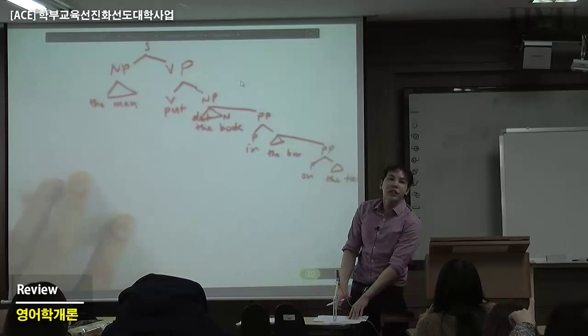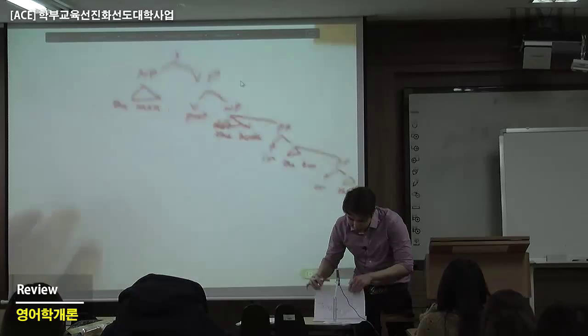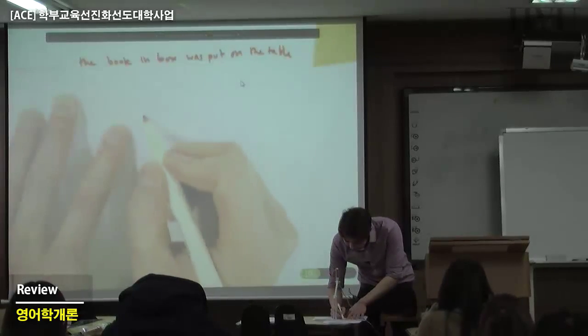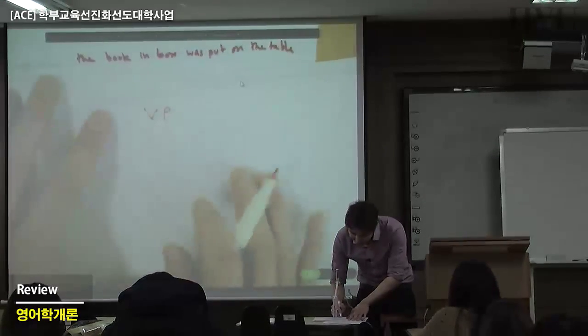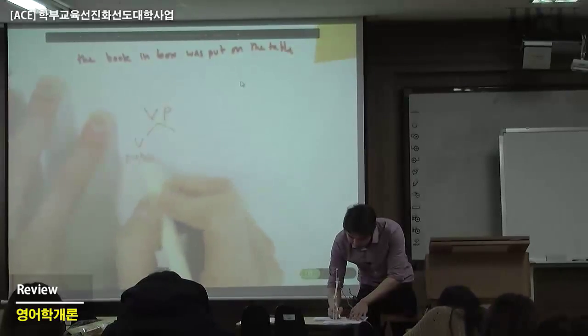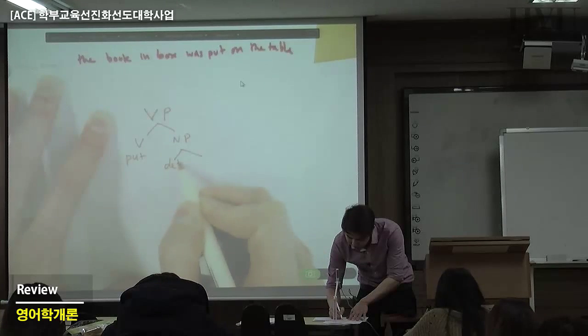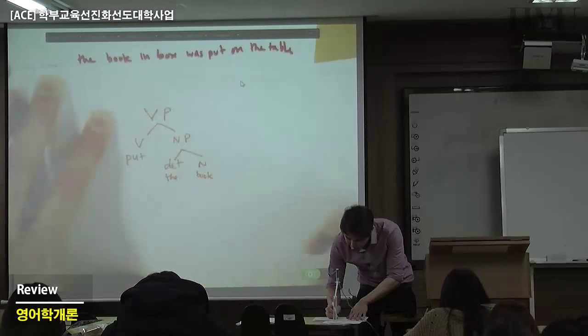So are you done with this? So I can do the second one. So the second one would be just a little bit different, right? So I'll just do the VP to save time, okay? So the VP would consist of the V put and then NP. So we have determiner the, N book, right?